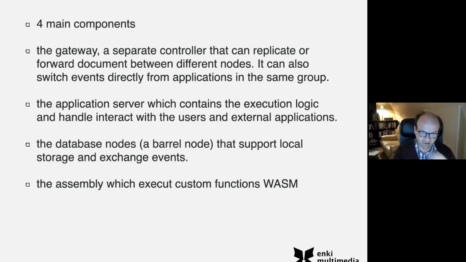Then you have the application servers, many application servers that run in different places, like gateways, which contain the execution logic and handle the interaction with the user and external applications. Then you have the database nodes, basically the storage nodes that support local storage and exchange events that are taken by the gateway and sent to the applications. And the last one is the assembly, which executes some custom function in WebAssembly when you don't want to write something in Erlang.